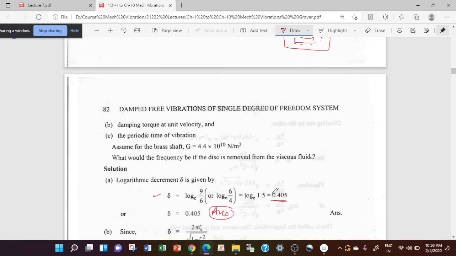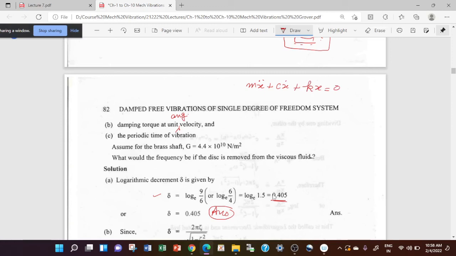Now second, what is the damping torque? Damping torque at unit velocity, unit angular velocity you can say. So if you remember our equation for the spring mass system, it comes out to be m x double dot plus c x dot plus k x is equal to 0.